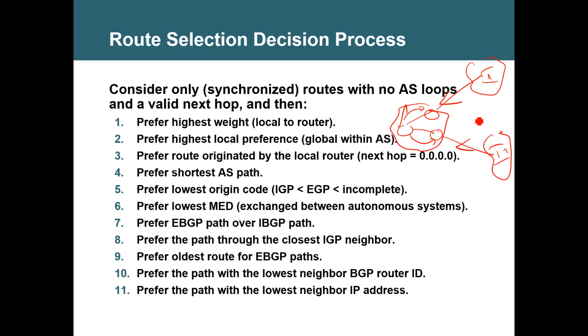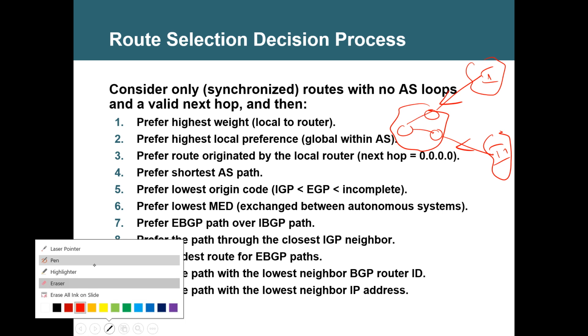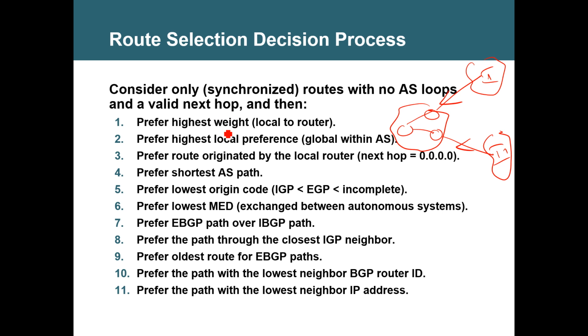And both have got a valid next hop, which means what? There is a tie. Then which ISP will it choose? It will check whether the weight has been configured. In case this router has got weight set to this neighbor, then that is the tiebreaker.